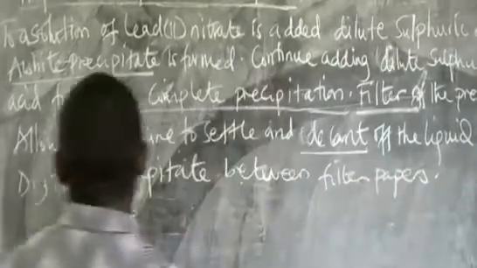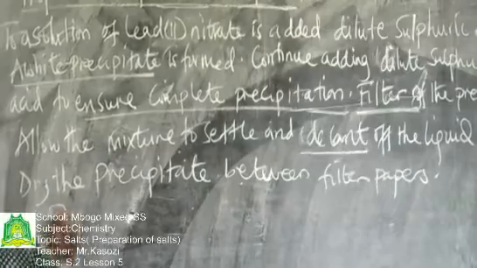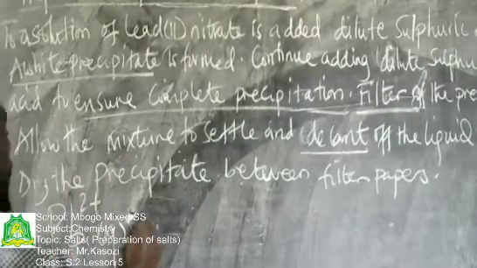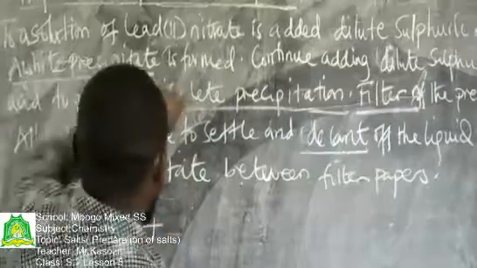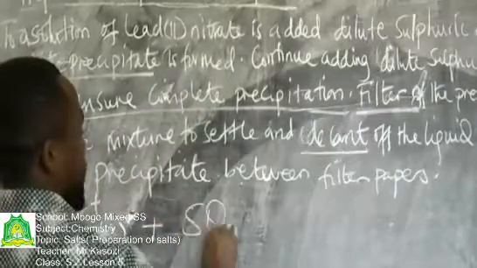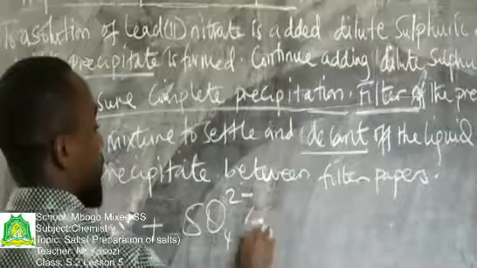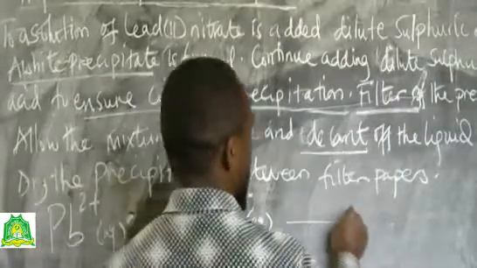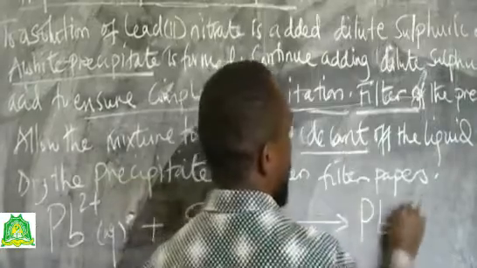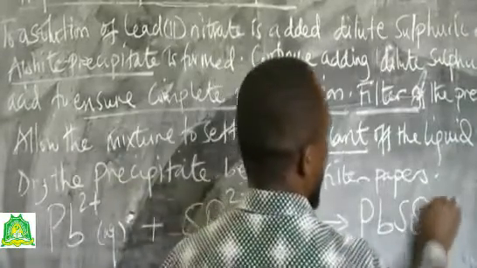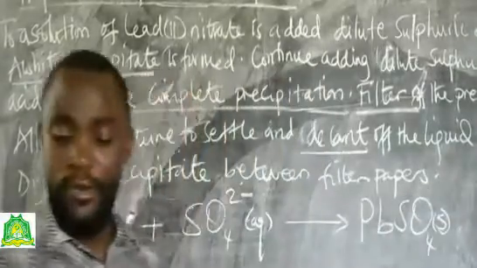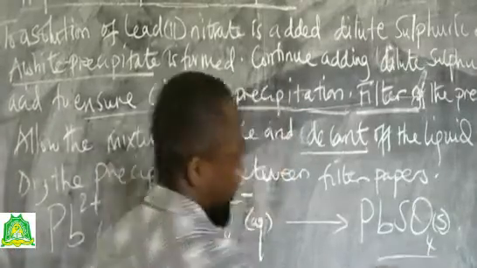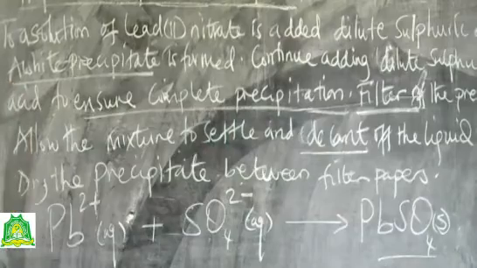Or in an oven. Lead 2 ions coming from the solution of lead 2 nitrate, and sulfate ions coming from the solution of sulfuric acid, then you get lead 2 sulfate. And the ionic equation is only written with state symbols for solid, liquid, or gas.